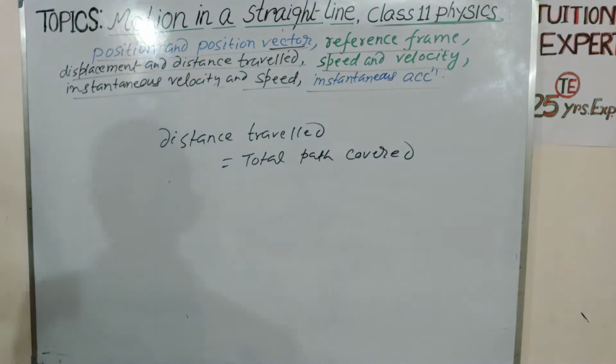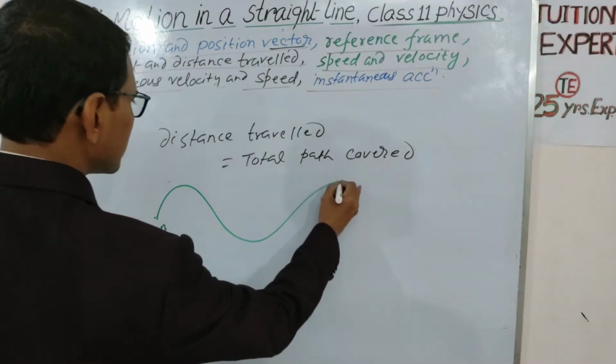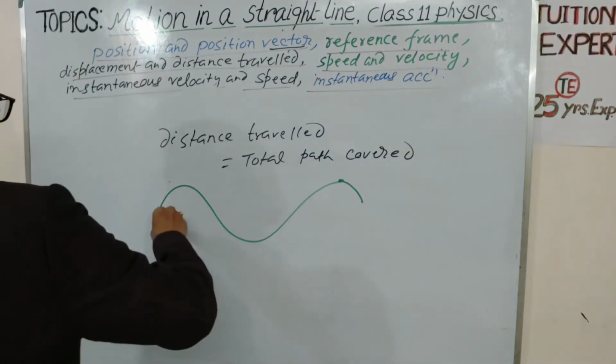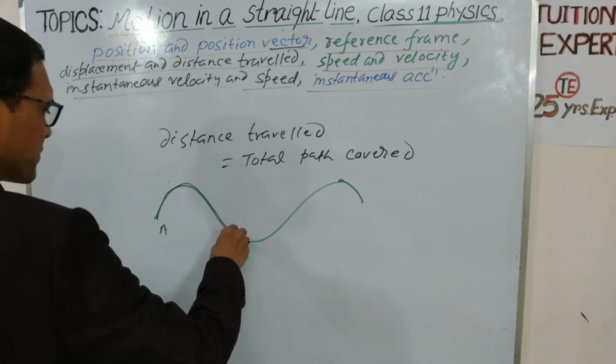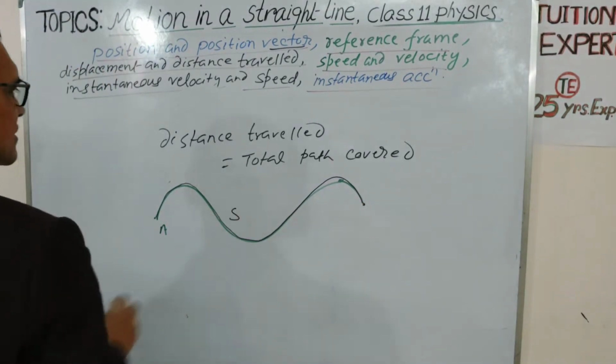Total path covered. Suppose a body moves in this way. The total path covered, if we measure it by s, this total path length is the distance covered, s.